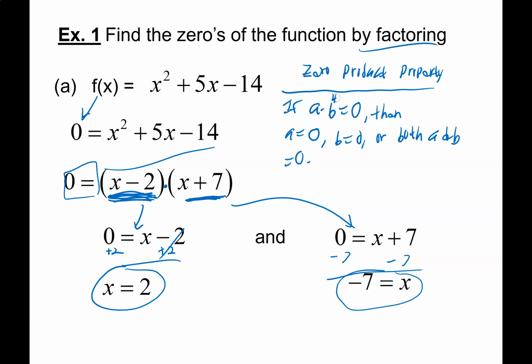Okay, let's say a is 4. That would give me a times 4 equals 0. Can a equal 3? Does 3 times 4 give me 0? No. Can a equal 9? No. What if a is 0? 0 times 4 is 0. So, in essence, when you have two things being multiplied, the only way they may equal 0 is if either the first one is 0, the second one is 0, or perhaps both.